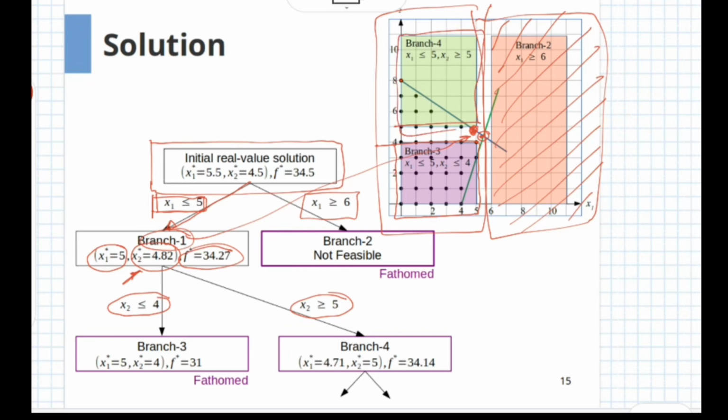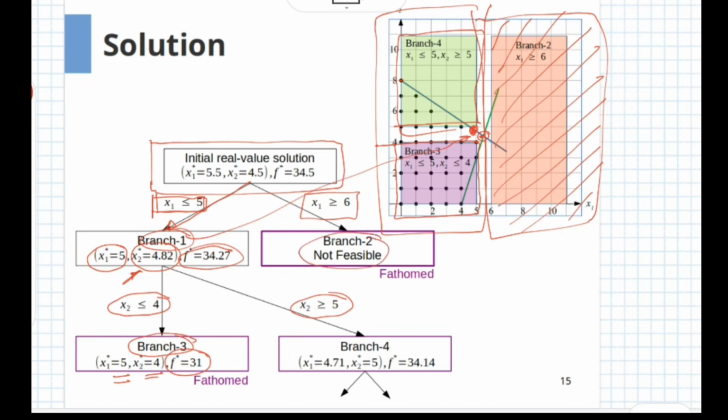So these are the two branches that we are making, out of which the left hand side branch, the branch number 3 corresponding to the magenta color zone, we are getting all integer solution x1 equal to 5, x2 equal to 4, and the function value is 31. So this node will be fathomed.